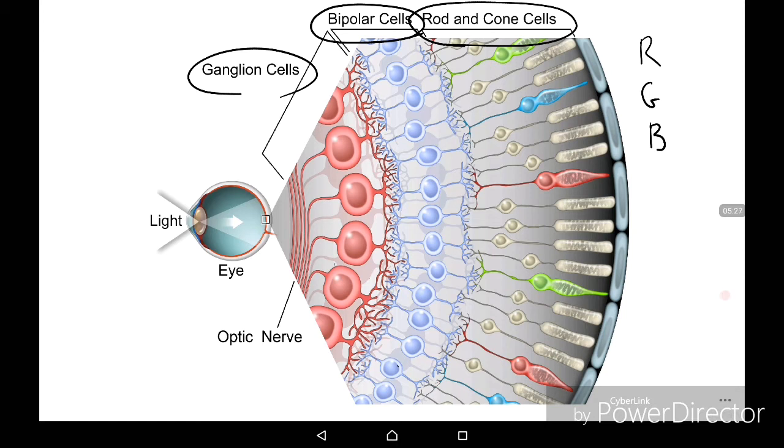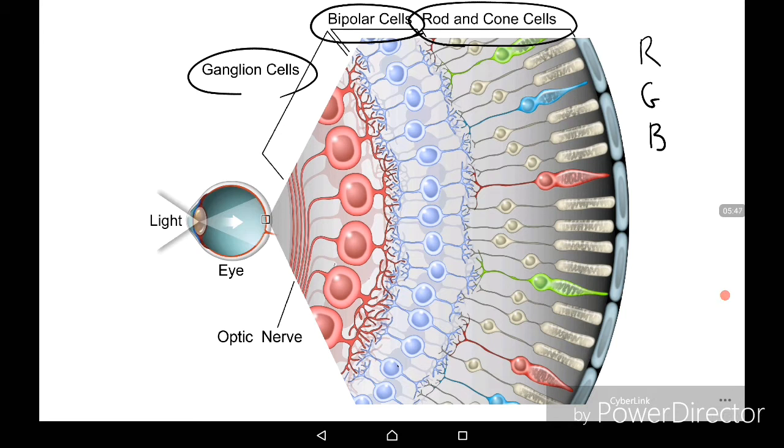When light reaches rods and cones, they produce not an action potential, but instead they are hyperpolarized. This is the peculiarity of vision.